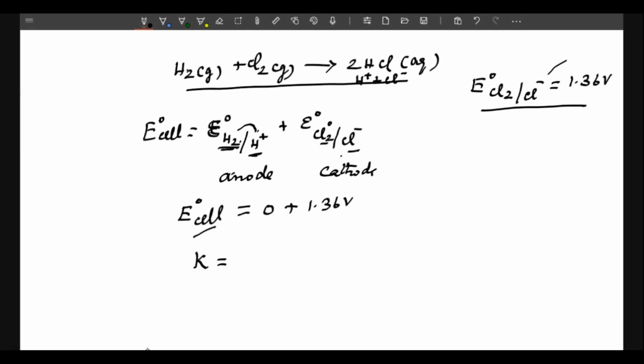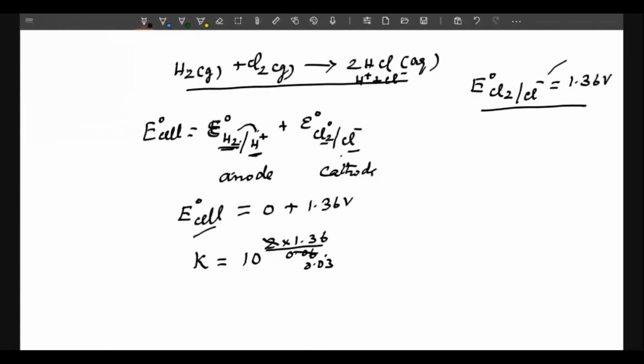If it is given in the power, then 10 power n, where the number of electrons involved in the process is 2, and E cell is 1.36 divided by 0.06. The correct answer will be very near 2 because 5, 9 and 2 is the division. Here this and this cancelled as 0.03.